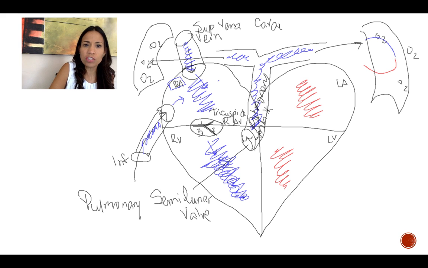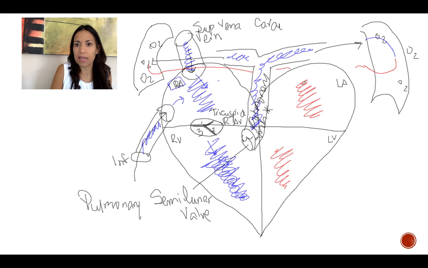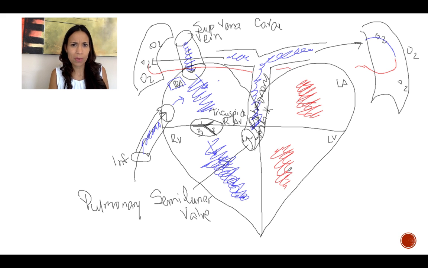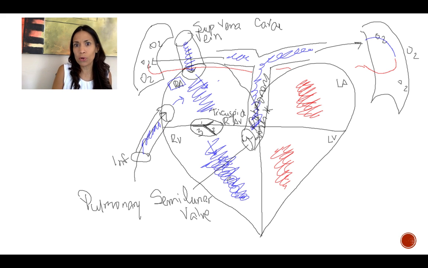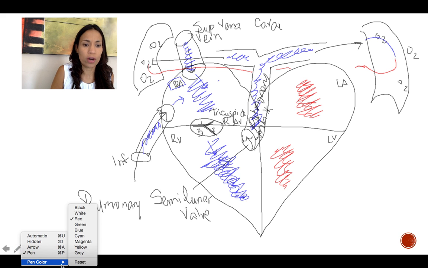And this oxygenated blood is going to return now to the heart, okay? But to the left side, because I told you the left heart is red, okay? And the right side is blue. So this blood rich in oxygen, or oxygenated blood, is returning to the heart.